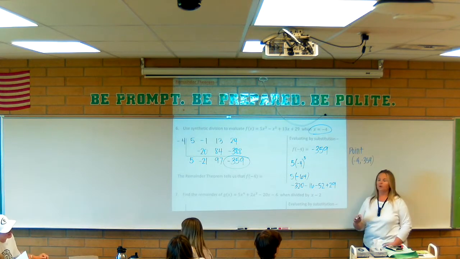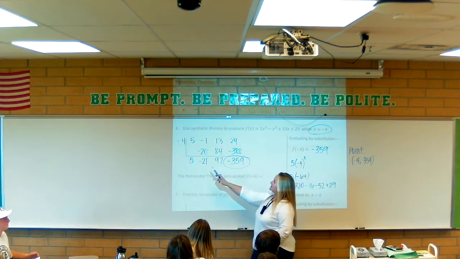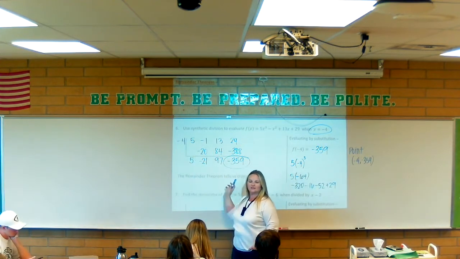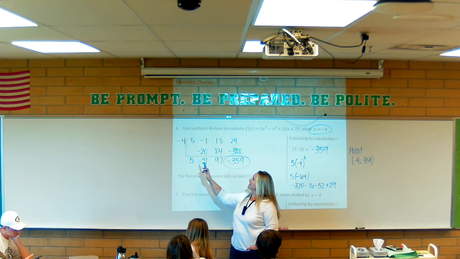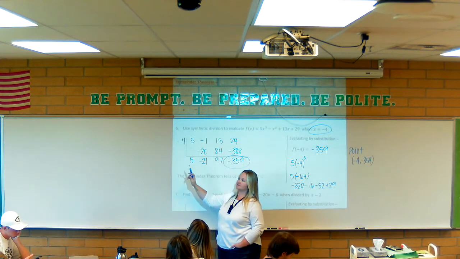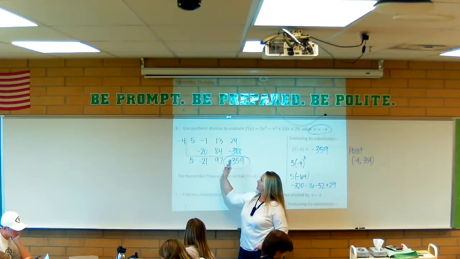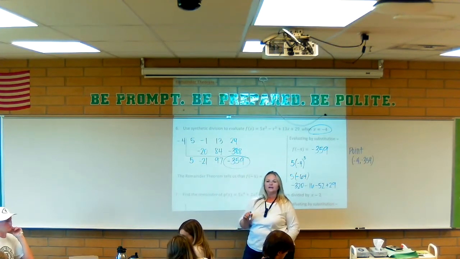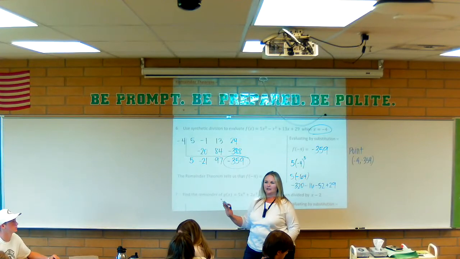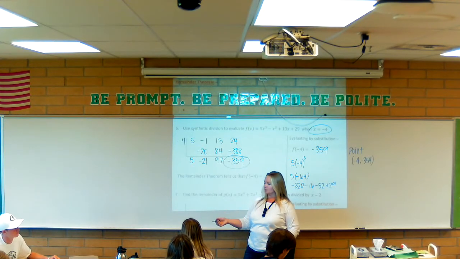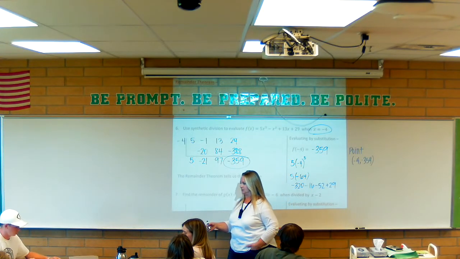Okay, so using synthetic division can do that same exact thing for me. Synthetically dividing by a -4 gives me the output of -359. This is also an ordered pair that I can use, even when that wasn't my intended purpose.